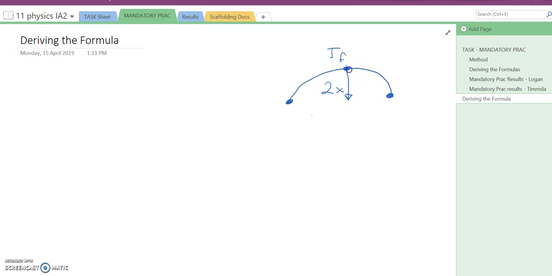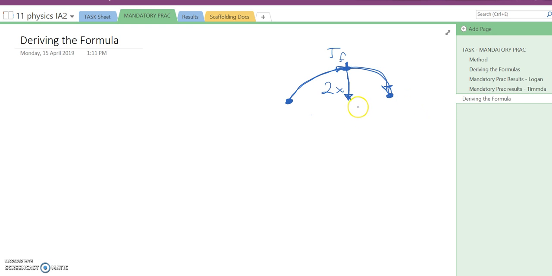So if we were to drop a ball bearing from this point here, and it hits the ground, that would be the same amount of time that it takes a ball bearing to go from this point to here, or the same amount of time it takes to go from this point down to here.